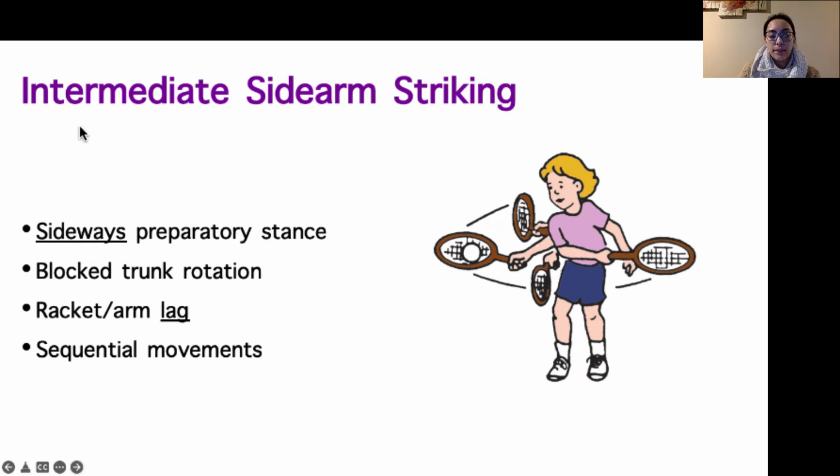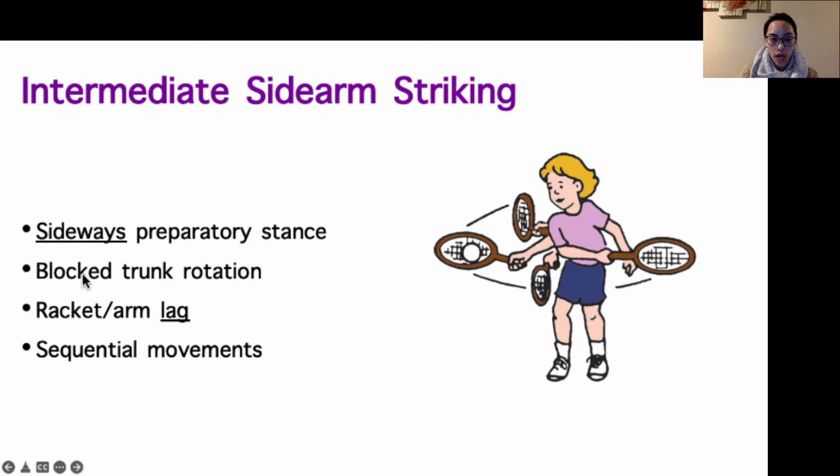As far as intermediate sidearm striking, usually there are some improvements to movement patterns. Typically we can see more of a sideways preparatory stance to add to the sideways motion of the arm. Typically we'll add in some type of trunk or pelvic rotation.